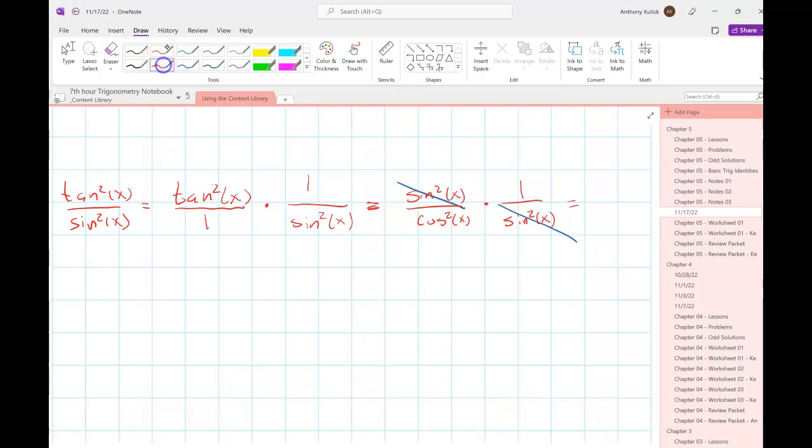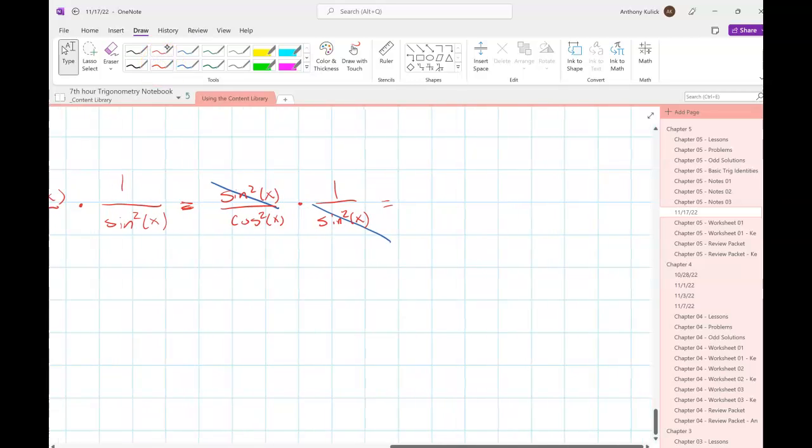Go back to middle school or elementary school math when you multiplied fractions. So those things cancel out. What am I left with now? What's left? Important question. Somebody be brave. Take a stab. What do we have left?